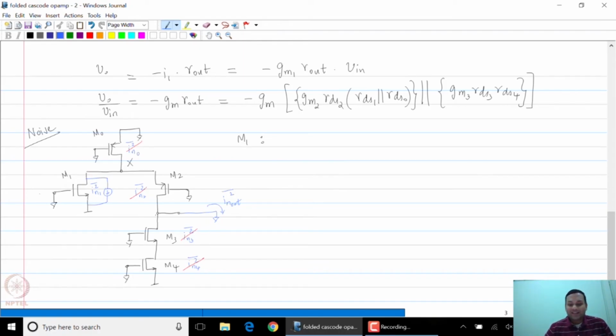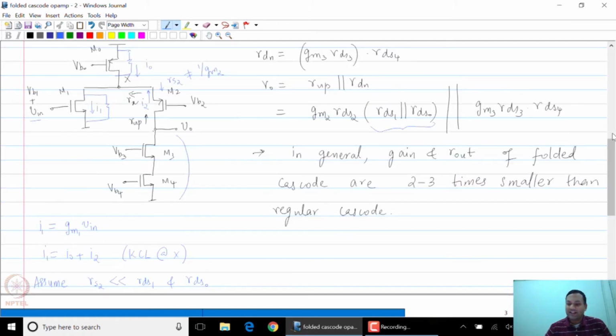So at node X, this current has 3 parts or 3 ways to split. It can split just like your small signal. It can split through RDS1, it can split through RDS0, and it can split through the resistance seen looking into the source of M2.